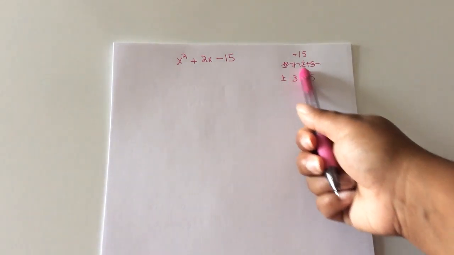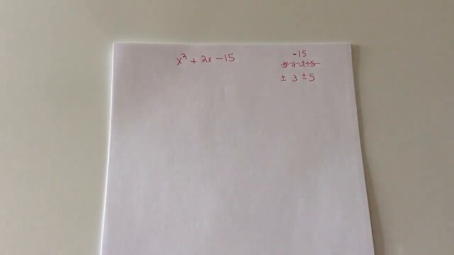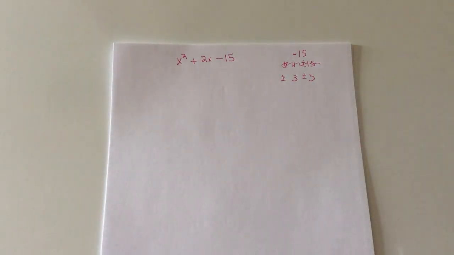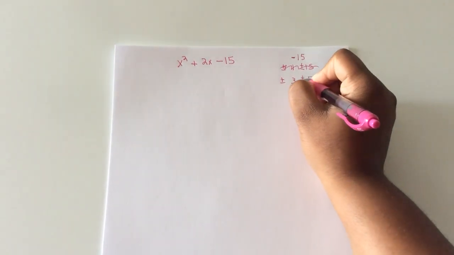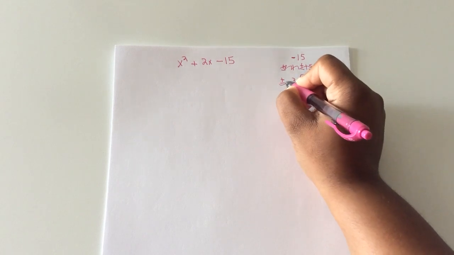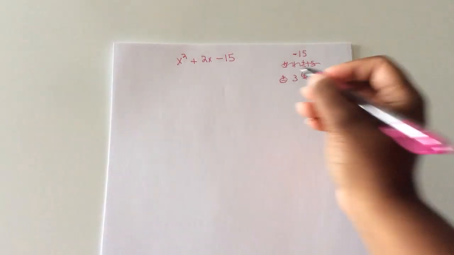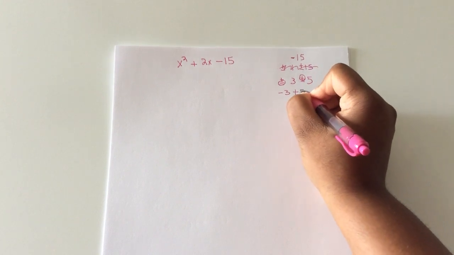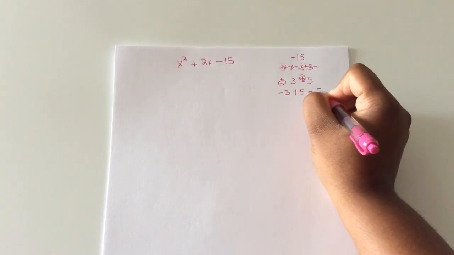So we'll be dealing with 3 and 5. Because we want a positive number, we pick the bigger number as our positive. So 5 is positive and 3 is negative, and this works because negative 3 plus 5 gets us 2.